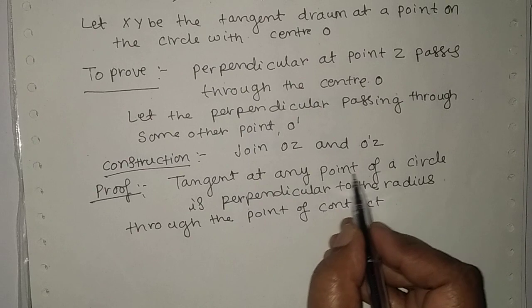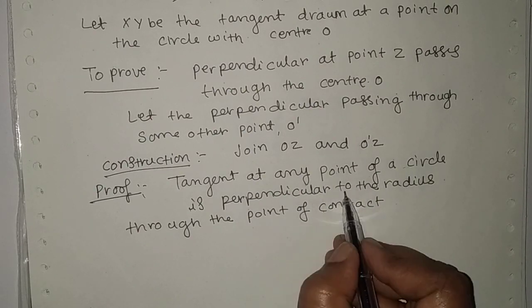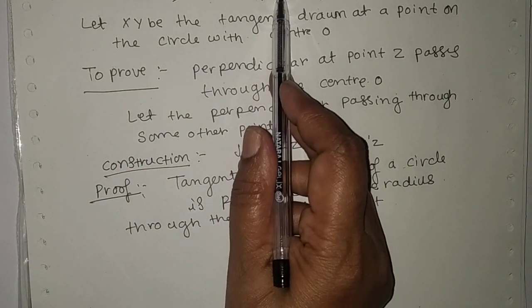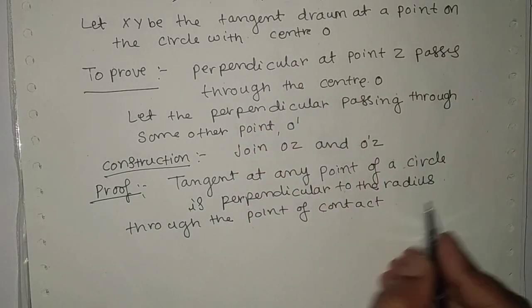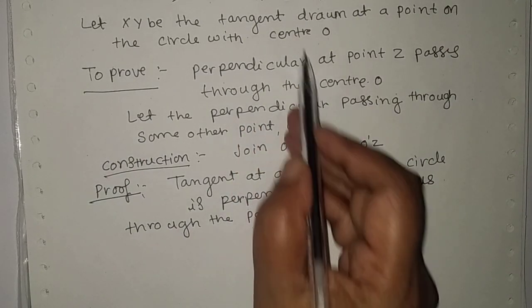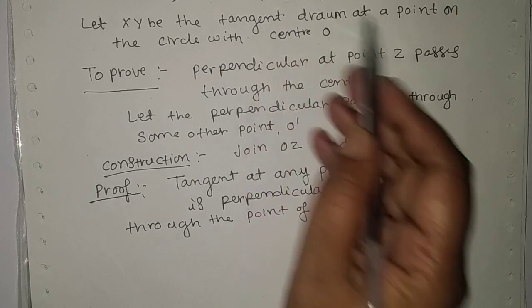We have to write that the tangent at any point of the circle is always perpendicular to the radius through the point of contact. This is the point of contact.